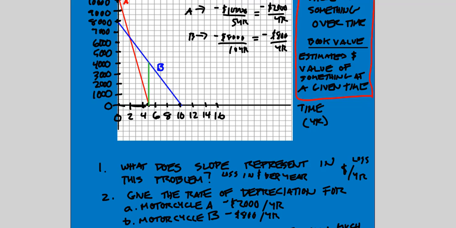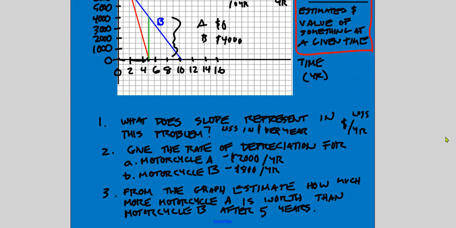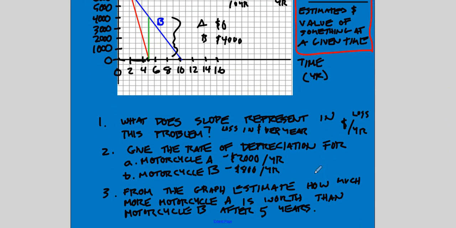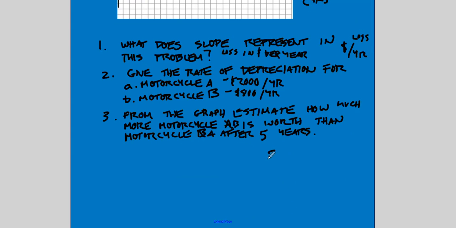So the difference is going to be how much this is right here. A is worth $0 at this time, and B is worth, it looks like, $4,000. So actually A is not worth more than B. It has 0 value, so it should be motorcycle B that is worth more than motorcycle A. So it's $4,000.